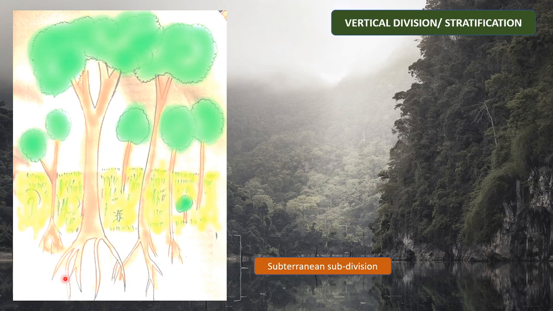There are also roots of plants present, rhizomes, and organisms like fungi and bacteria. So this is the subterranean subdivision.